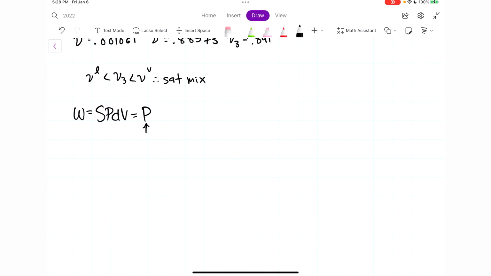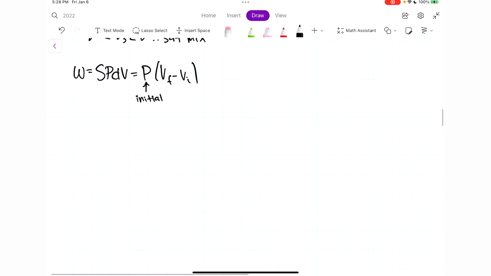P is initial times V final minus V initial. Great. And friendly reminder, just in case you don't remember, work happens when the piston moves.